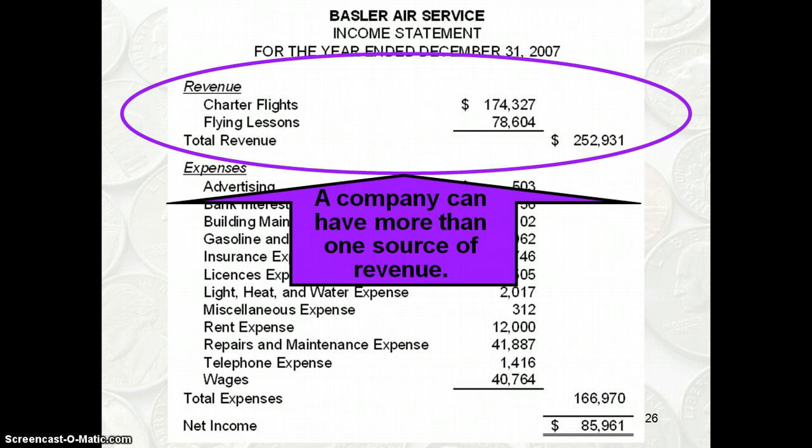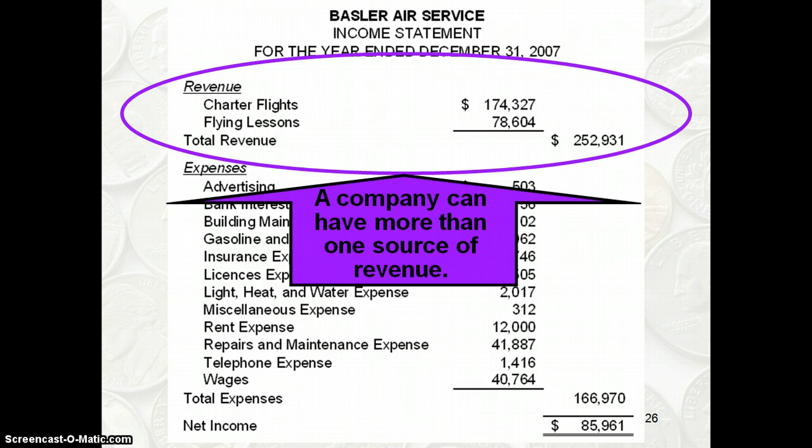The next step in creating an income statement is recording the revenue. The title, Revenue, will be written and the forms of revenue will be listed underneath. In this case, the company makes money by selling chartered flights and also by selling flying lessons. The monetary value beside each form of revenue will be listed in the first column.